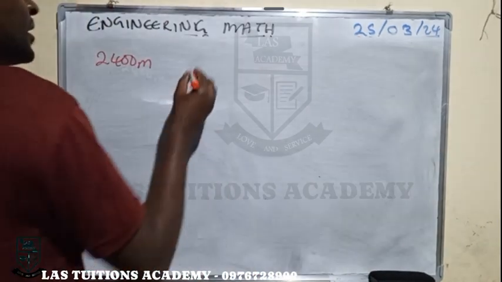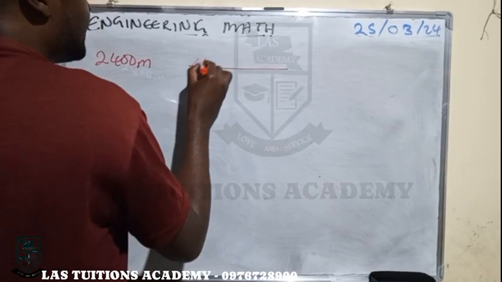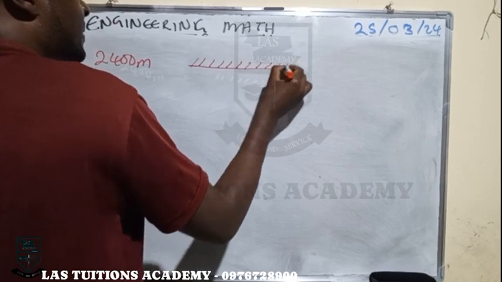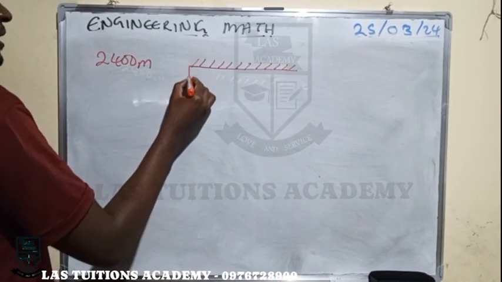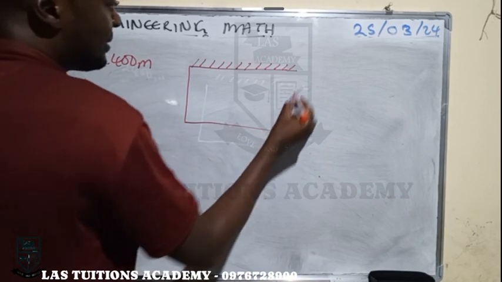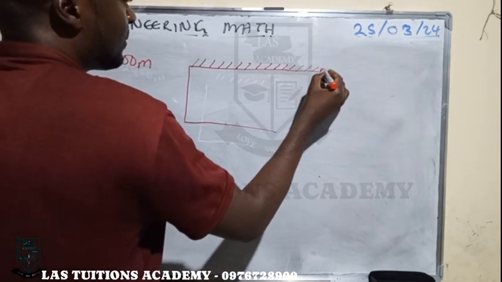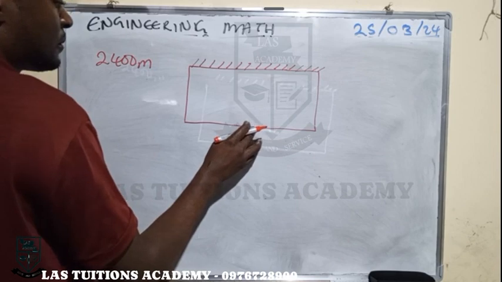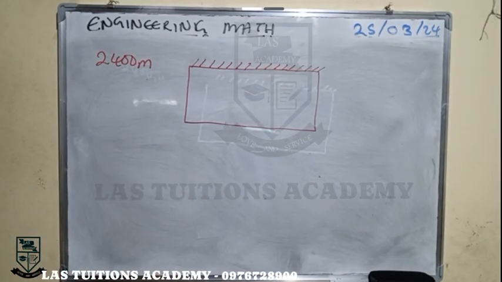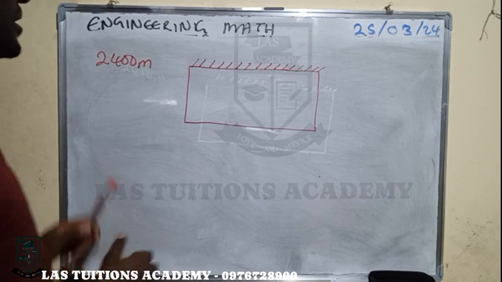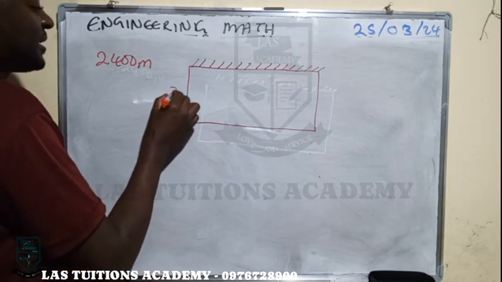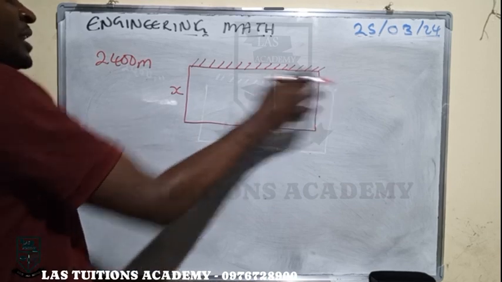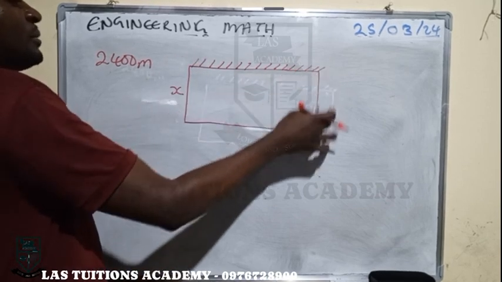So there is a wall fence here. Then he has wire to fence 3 sides, and it has to be something like a rectangle. So now if we have x here, x length from this part to this part, what would be the length of the other side there?